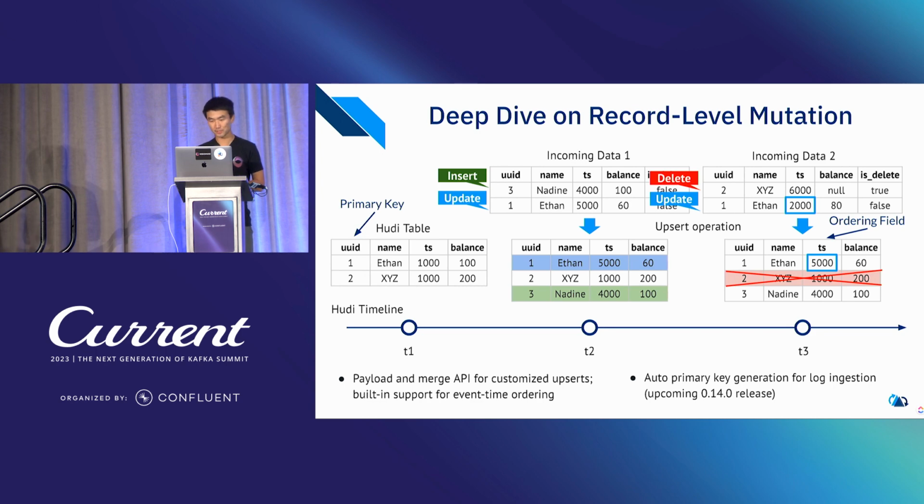As I already mentioned, for record level mutation, the record key field is required. However, for some use cases like event log ingestion, which only require inserts, Hudi supports automatic primary key generation, so that users don't have to specify the primary key. This new feature is in the upcoming Hudi 0.14 release for improving the user experience.